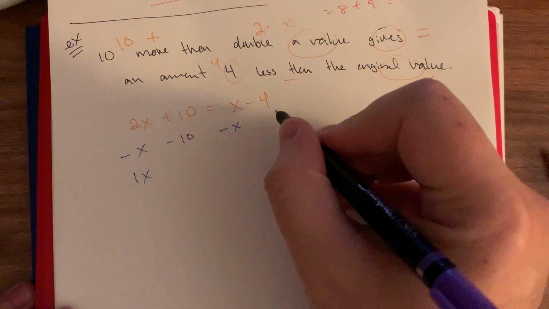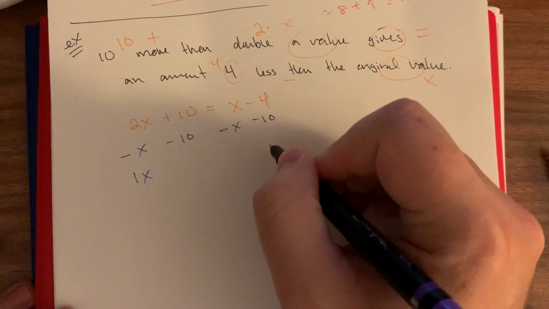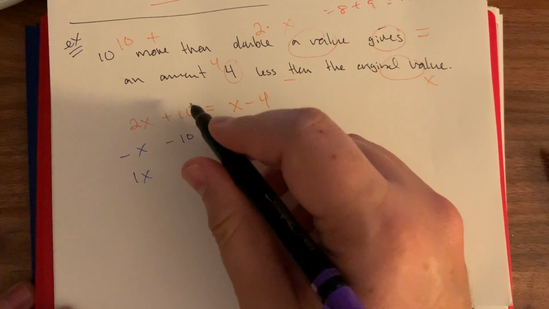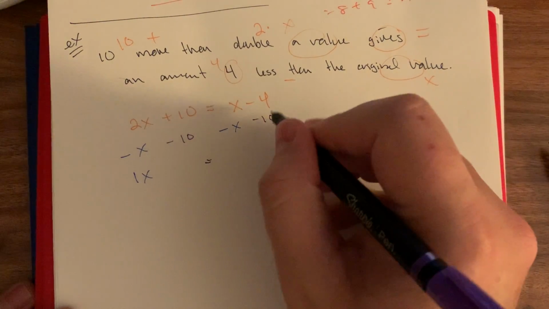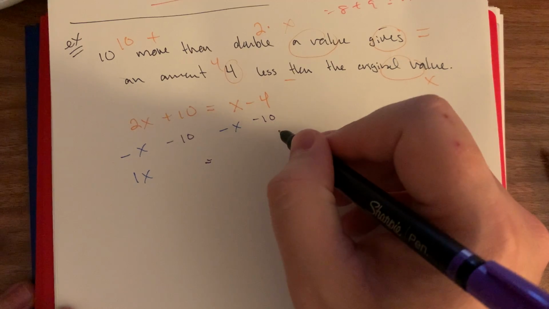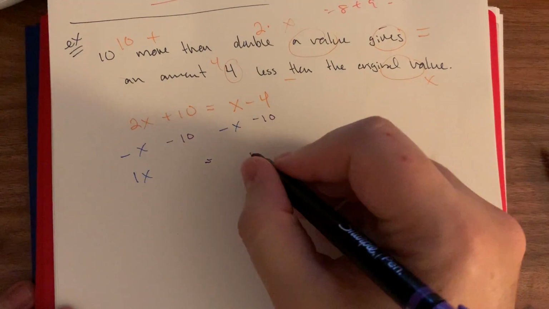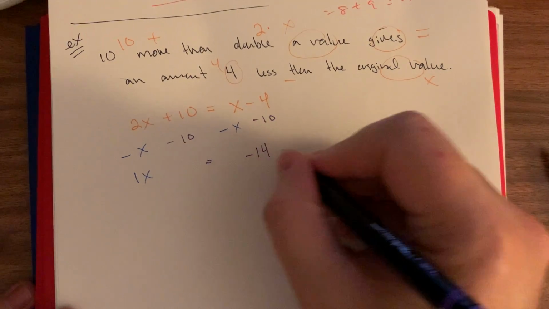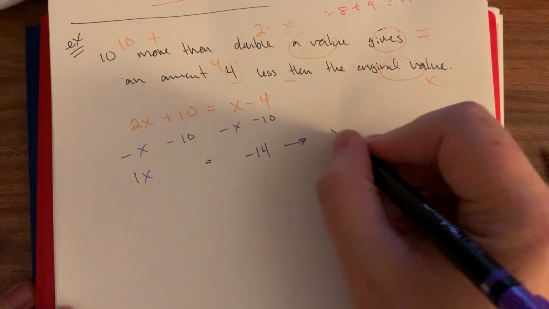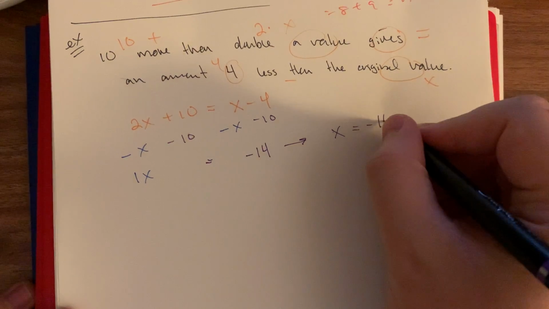So I'm going to have to subtract this 10 from both sides, right? So this is 1x, the 10s cancel, equals negative 4 minus 10. Subtracting further away from a negative, 2 negatives here will get me just a larger negative, negative 14. So x equals negative 14.